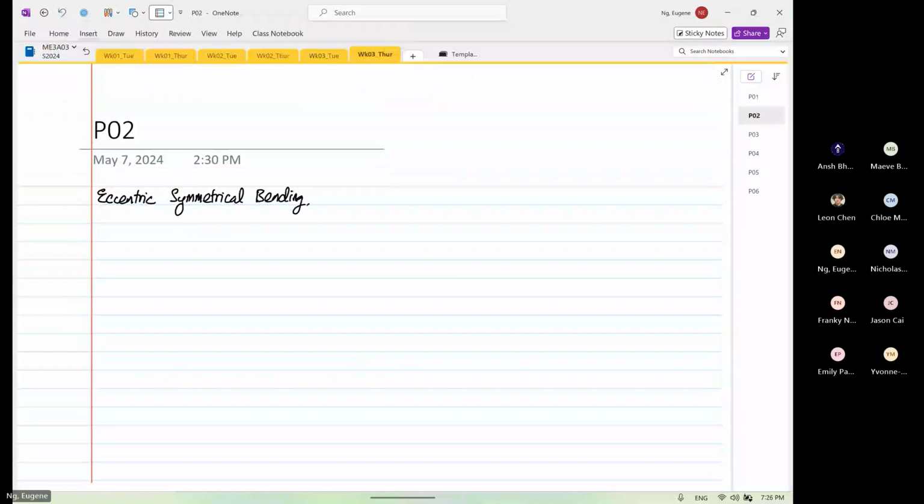So in eccentric symmetrical bending, the moment is applied in one axis only.